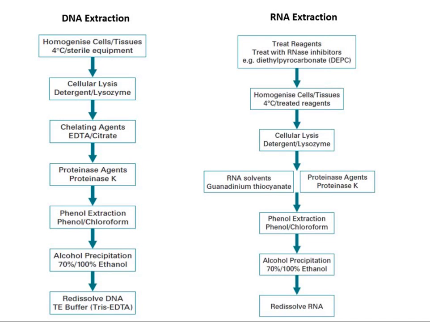Then you remove the proteins that are associated with the nucleic acid using proteinase K. Then you can use the phenol chloroform method or the column based method to remove the impurities, and then precipitate the DNA using alcohol.